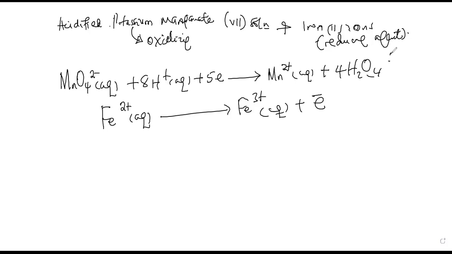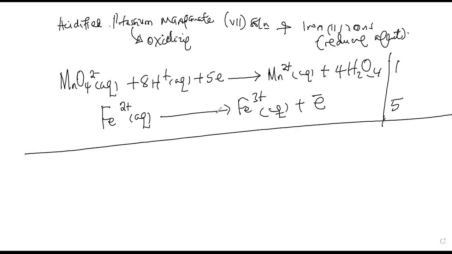Now, if you have to write the overall equation for this reaction, first look at electrons and balance them. Electrons here we have 5, but here we have 1. So you multiply by 5 here and by 1 here, so that you balance them. Then your overall equation will be manganate, there is no 2, it is just minus, sorry for that, plus 8 hydrogen ions.